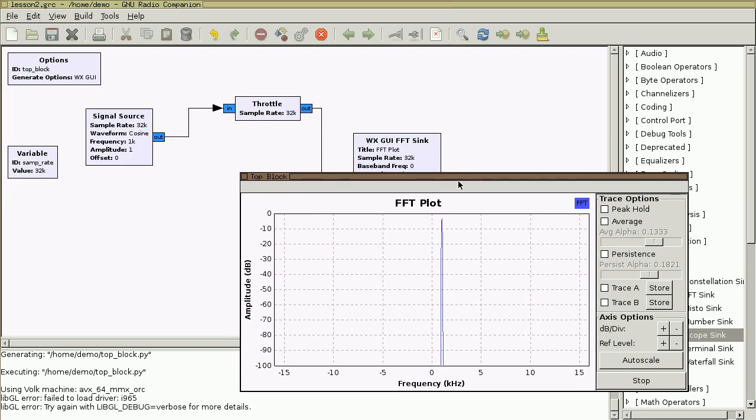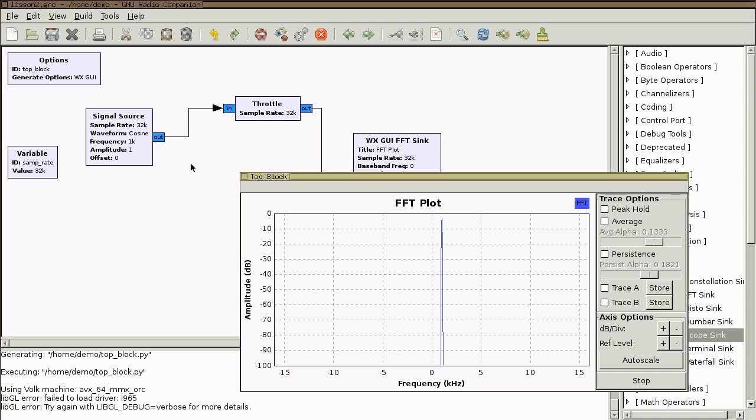And the FFT plot does this repeatedly on its input and gives us a real-time display. Now in this case, the display is unchanging, and that's because the signal source is giving us the same samples over and over again. So it doesn't look like it's animated, but it actually is. It's just animated over the same data over and over again.